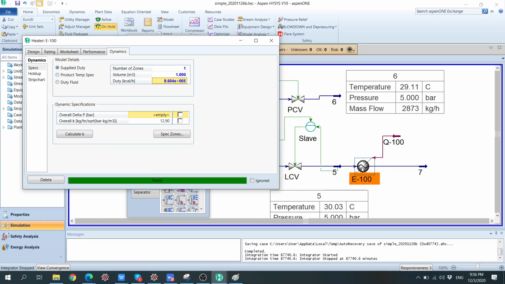So in the heat exchanger, that CV is defined by the K over here. The higher the K, the easier it is to flow through the heat exchanger, or the lower the pressure drop. The other way around, the smaller the K, the higher the pressure drop, and the harder it is for the flow to go through this heat exchanger. So you can calculate K.